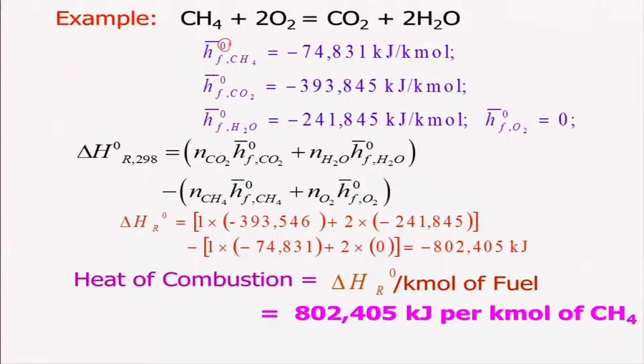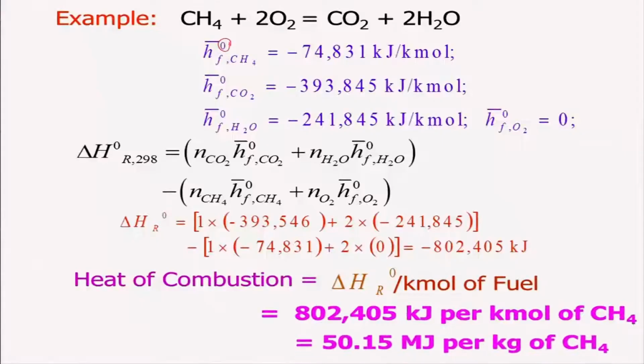And if you express this heat of combustion per kg, you will have to take in the denominator the molecular weight, and then you can get per unit mass. So, that happens to be 50.15 megajoule per kg of methane.